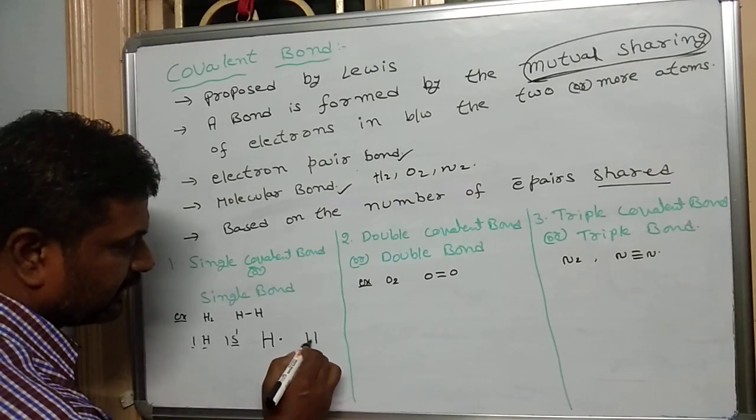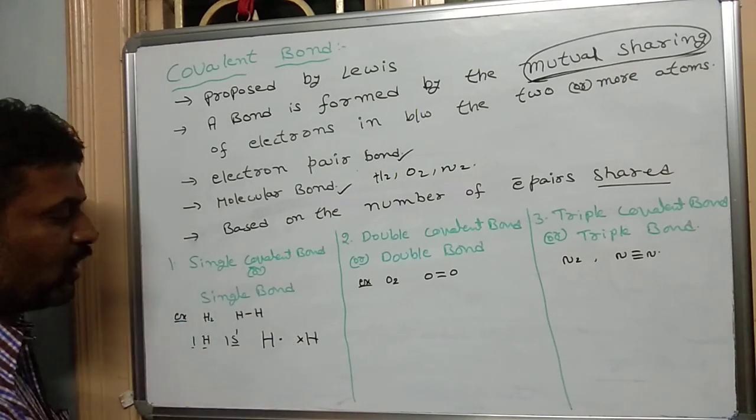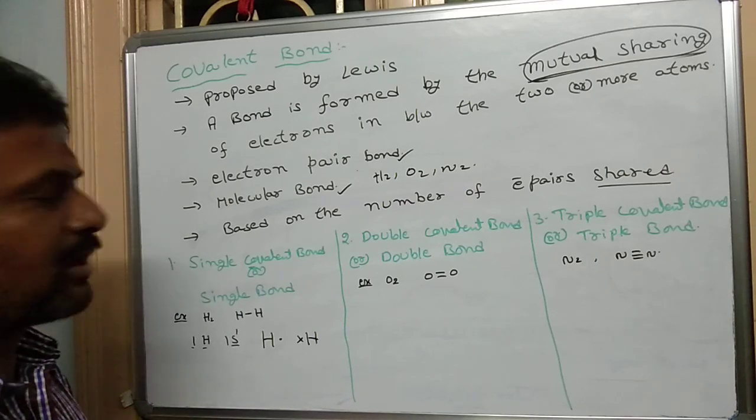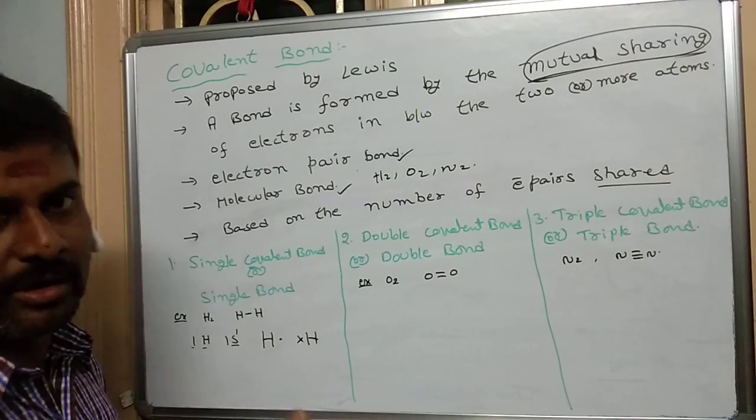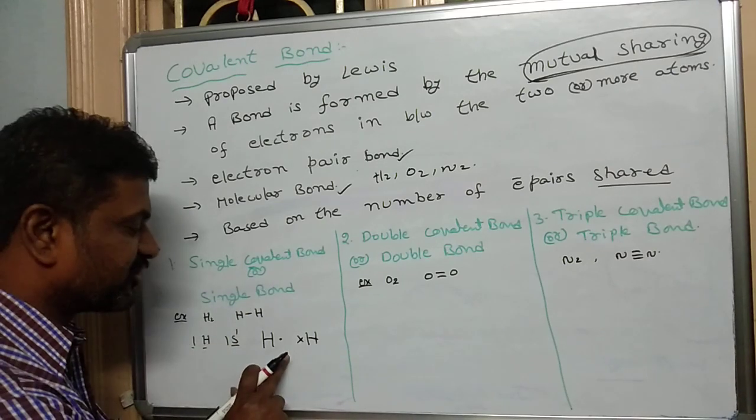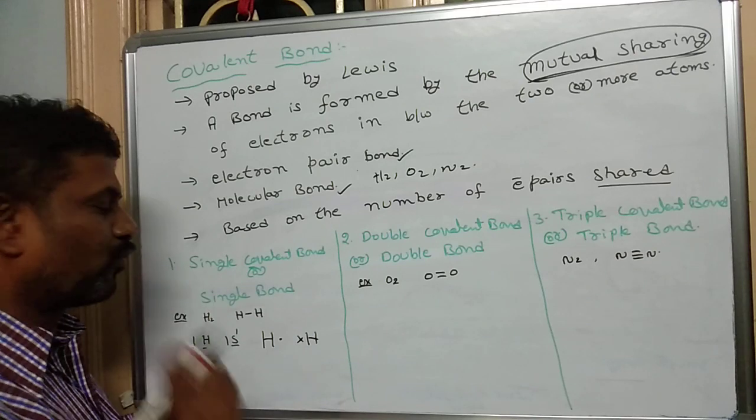Another hydrogen also contains one electron. To get the doublet configuration, hydrogen requires one electron.